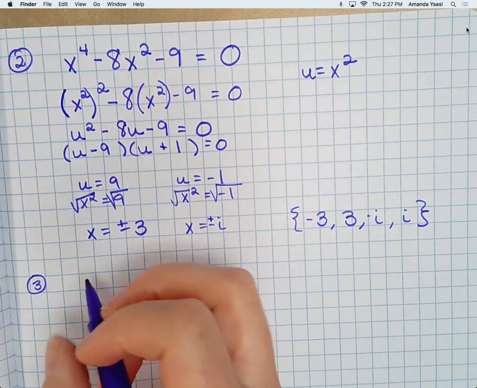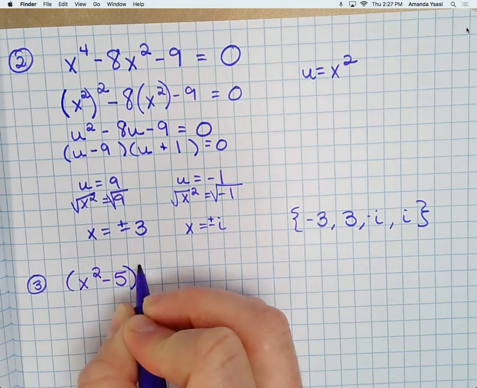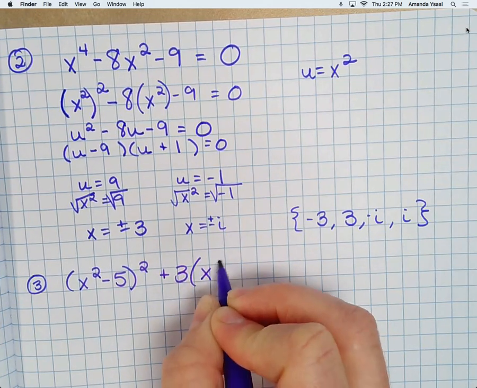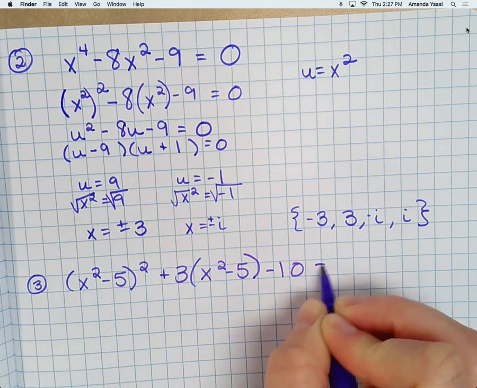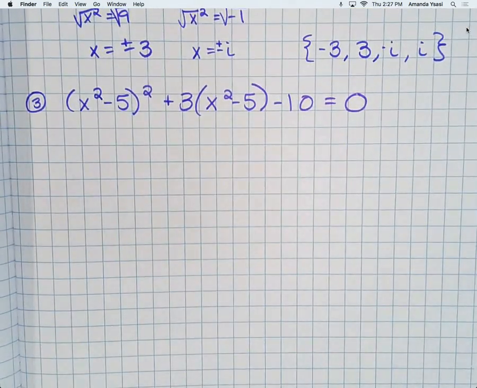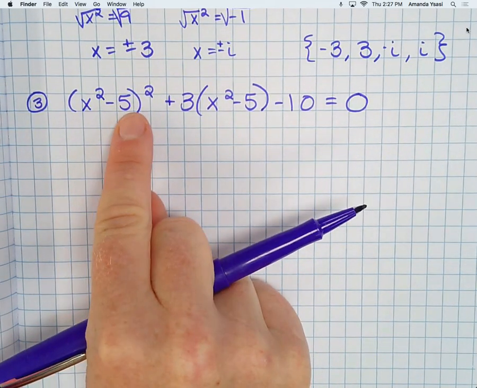Okay, the next one is x squared minus 5, squared, plus 3 times x squared minus 5, minus 10 equals 0. Okay, so see how it has the same thing in parentheses?